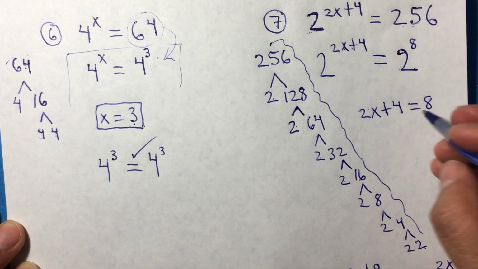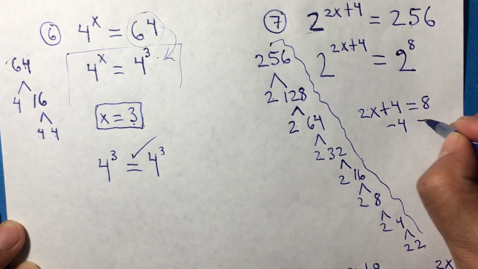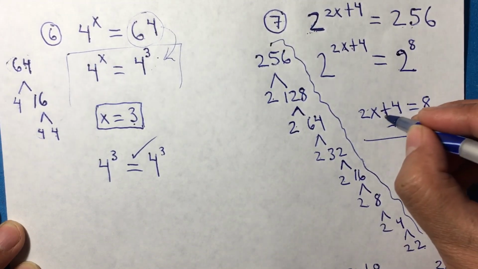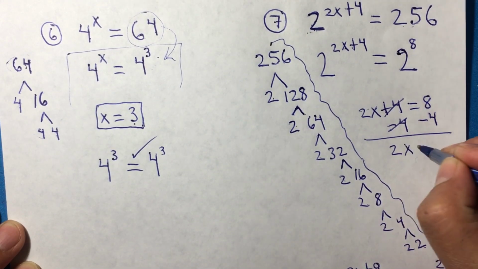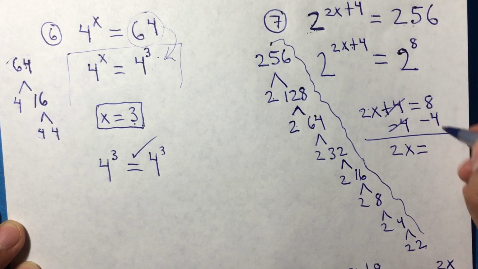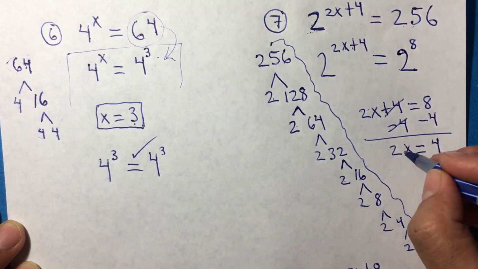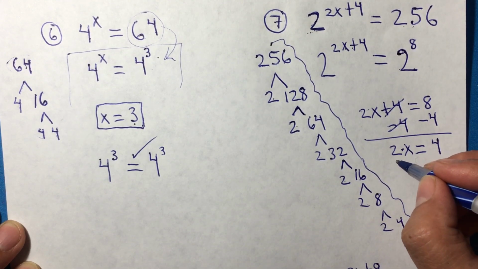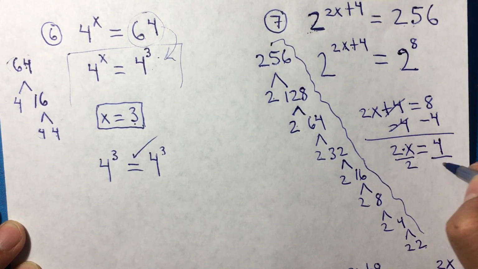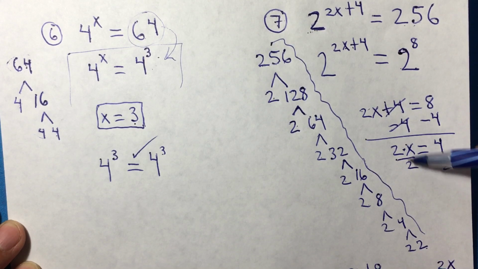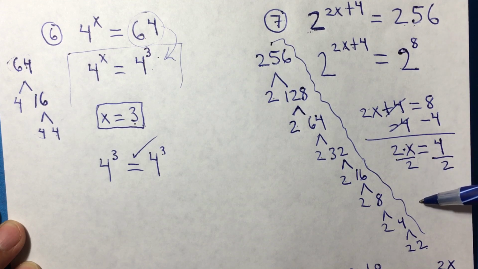If I'm adding, the opposite of addition is subtraction, and that's to cancel the plus 4. Now I only have 2x equals 8 minus 4, 4. Finally, if it's multiplication, the opposite of multiplication is division. And if I divide one side, I divide the other. Remember, in multiplication and division, we keep the same sign because positive divided by positive will give me a positive.